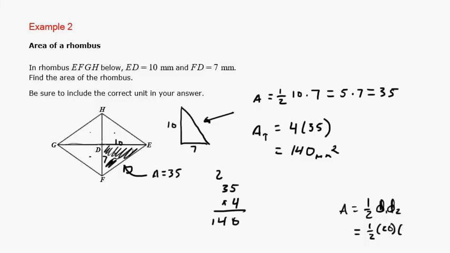And the diagonal this way would be 7 plus 7, which is 14. So you could still use the formula. Half of 20 is 10, and 10 times 14 is 140 millimeters squared. It works, but you would have to know to double it.